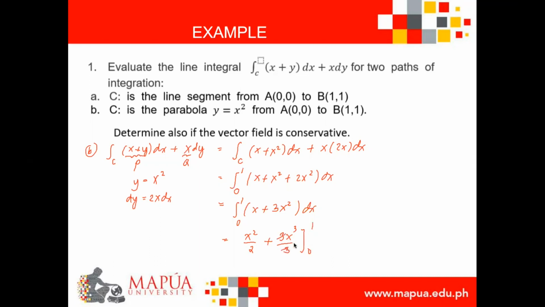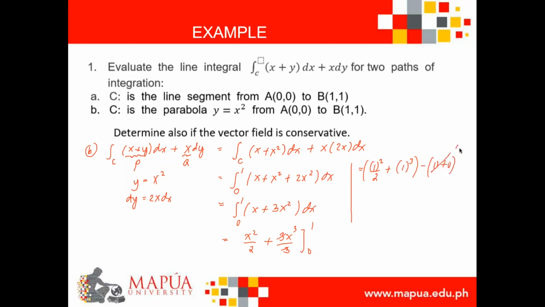Simplifying this, the 3 cancels. And applying the limits, we have the quantity 1 squared over 2 plus the quantity 1 cubed. While the lower limit will give us 0 squared over 2, which is 0, and 0 cubed is also 0.